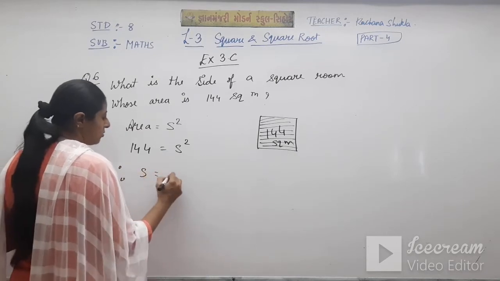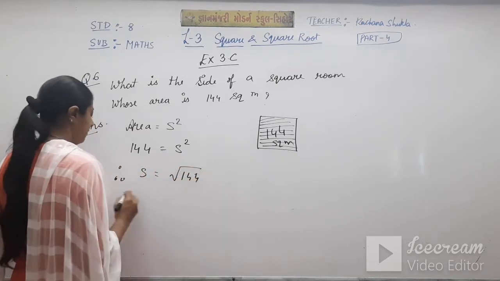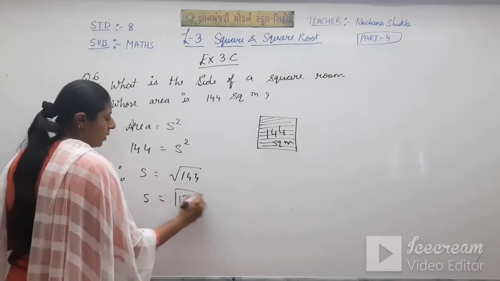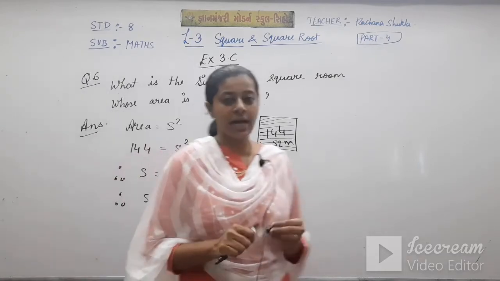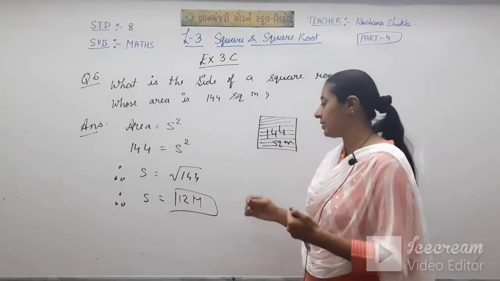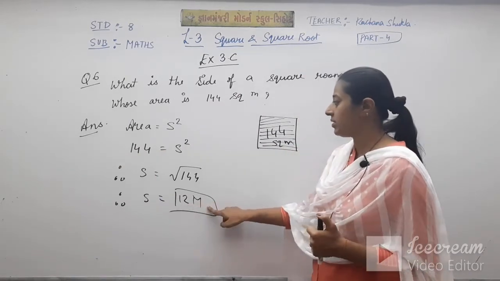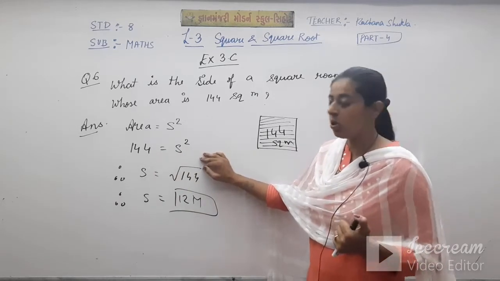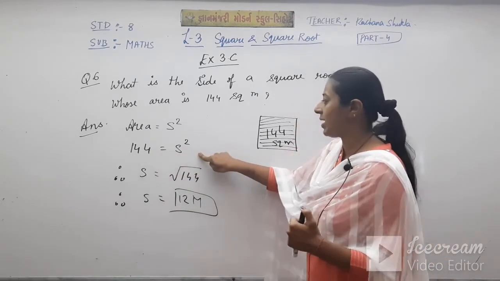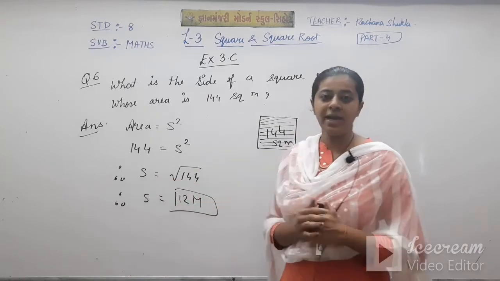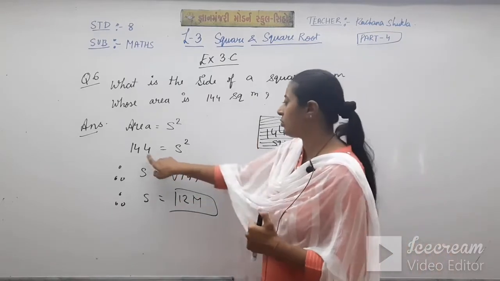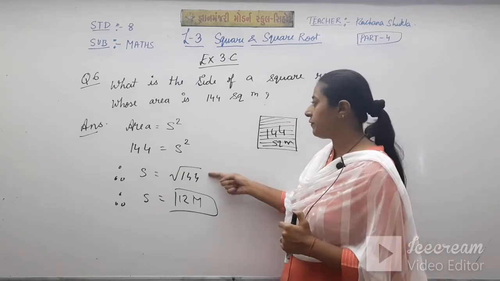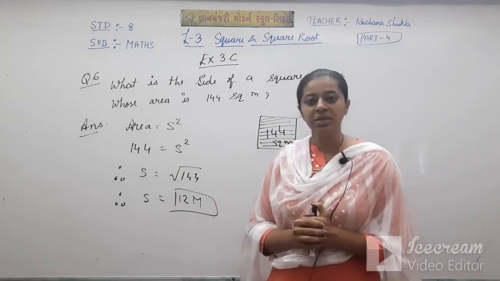Therefore s is equal to root 144. Therefore s is equal to 12 meter. Yes, we got the side of the square, and that is 12 meter, because area is equal to s square. If you want to find s, you find the square root of 144. The square root of 144 is 12 meter.